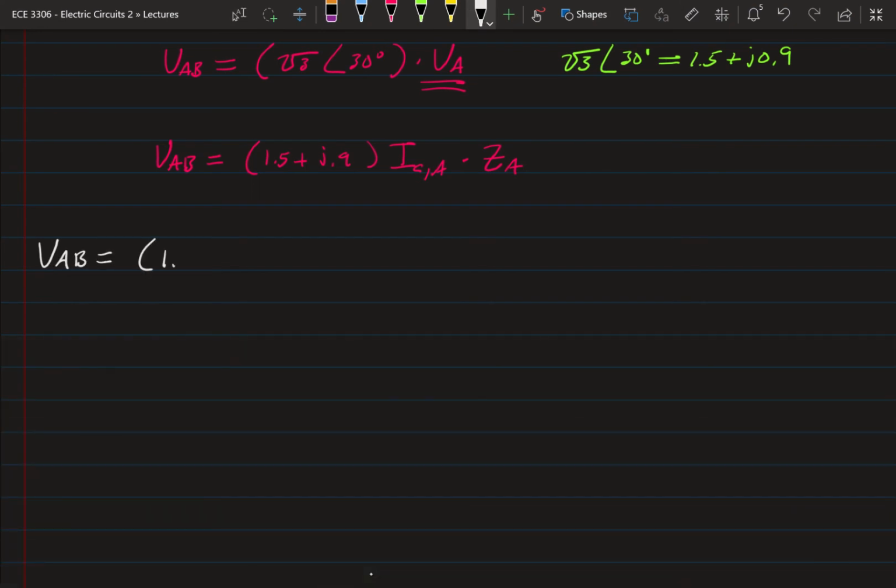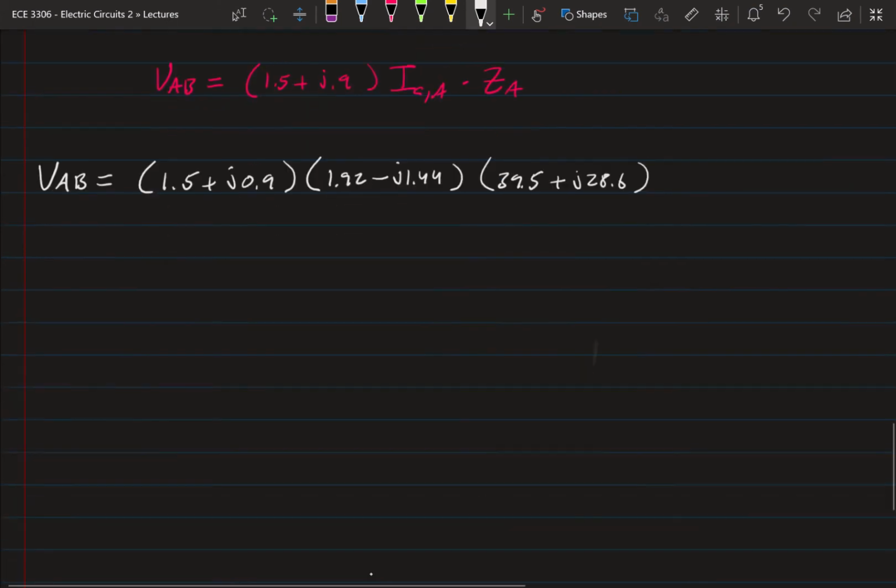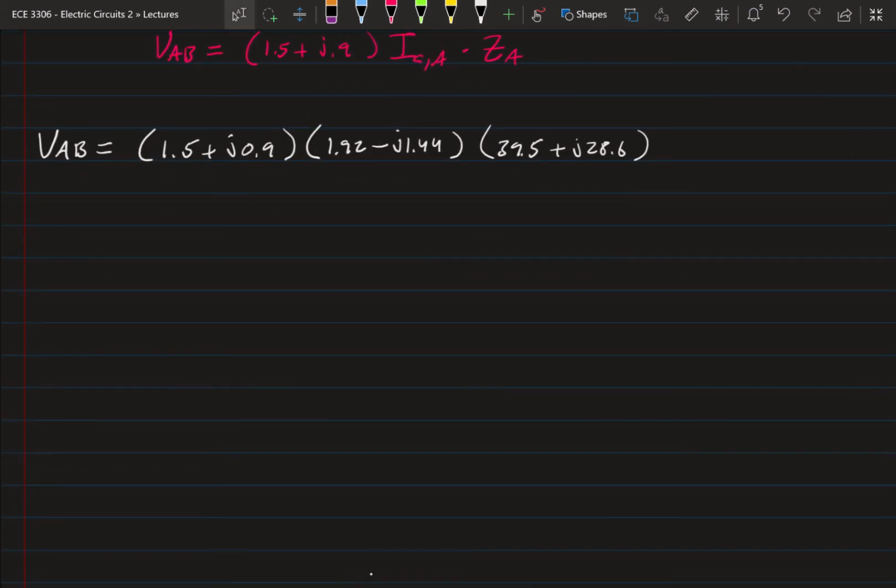VAB is equal to 1.5 plus j0.9 times 1.92 minus j1.44 times 39.5 plus j28.6.